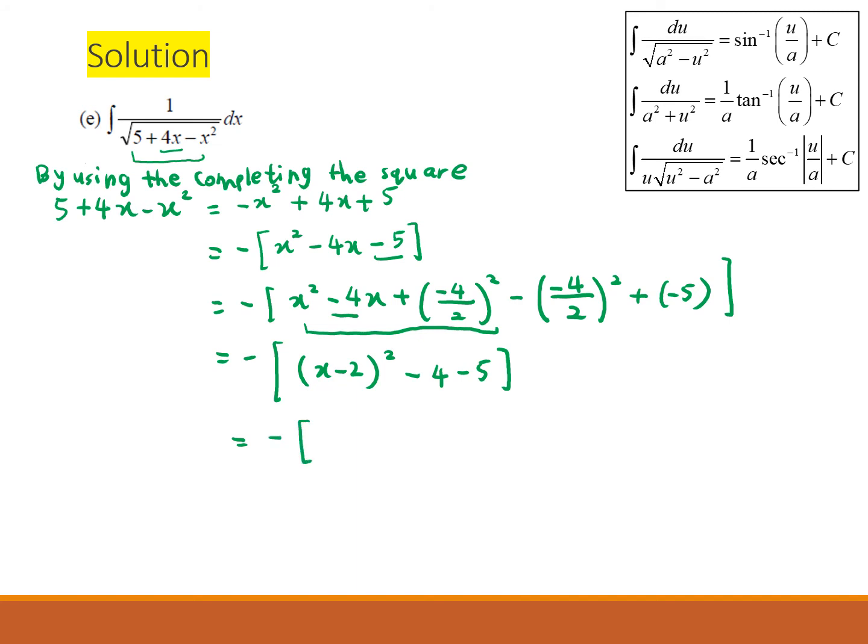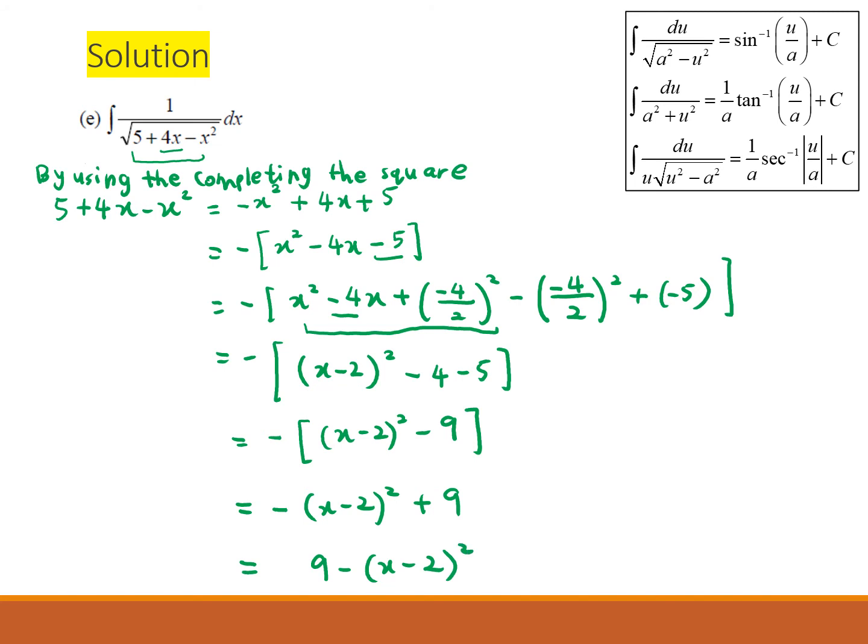And then we solve this, we will get it in terms of this one. Then we multiply the negative back, we have negative x minus 2 squared plus 9, or 9 minus x minus 2 squared.